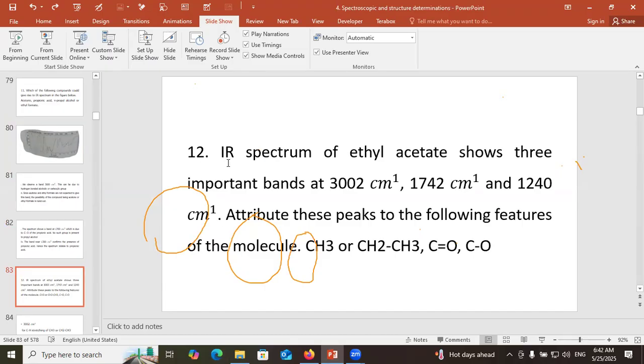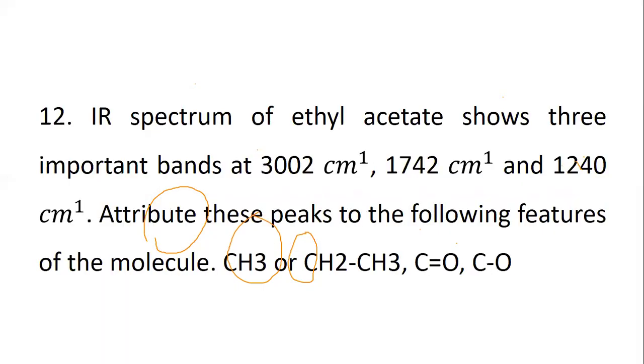Question number 12. The IR spectrum of ethyl acetate shows three important bands at 3002 per cm, 1742 per cm, and 1240 per cm.